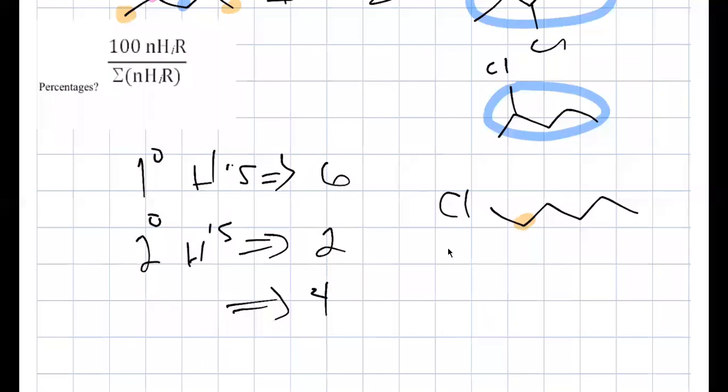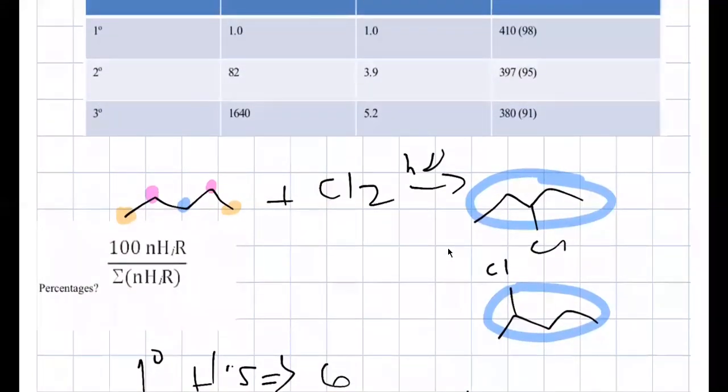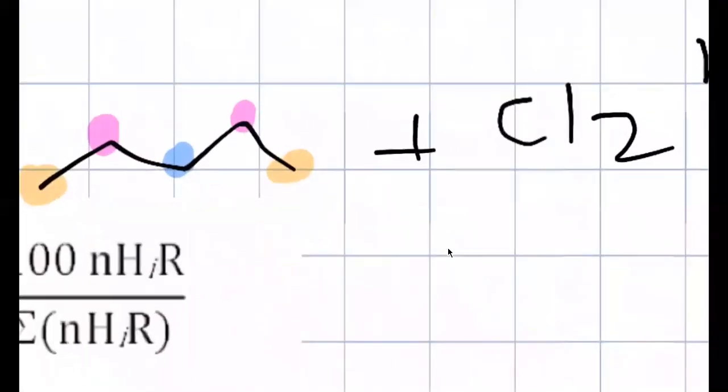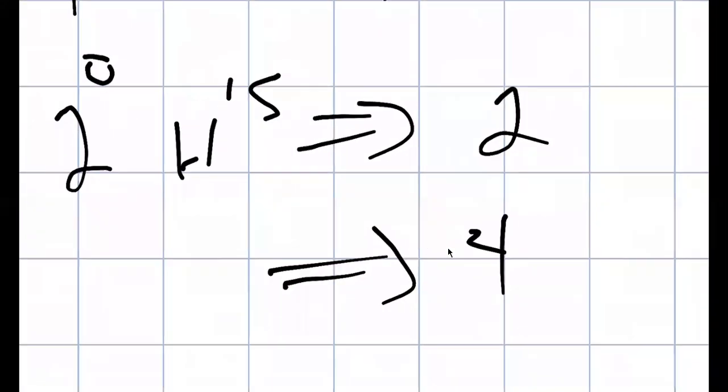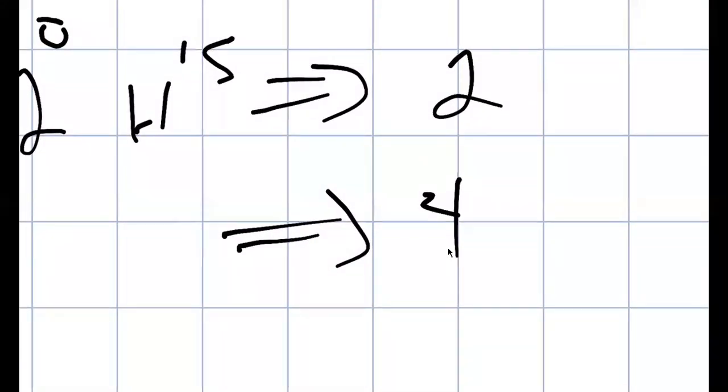So is everybody okay with the fact that there are, and we did this the other day, but I'm going to repeat it. There's 2 hydrogens here and 2 here, so that's a total of 4. Are y'all with me on that? So I'm going to highlight that.